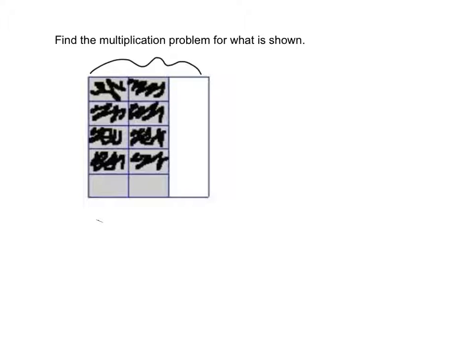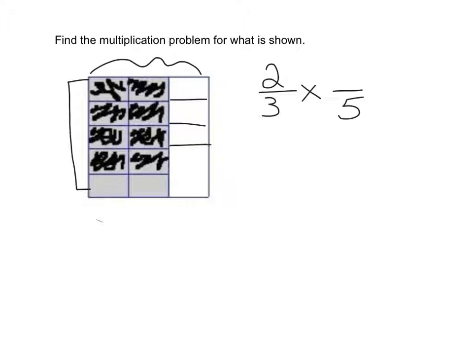So in this case, we see 3 total sections, and when we look vertically, there's 1, 2 out of the 3 that are shaded. So we're starting with 2/3. We're going to multiply, and now we're going to look horizontally at how many sections, which is 5. So remember, this officially goes in there to make it all equal pieces.